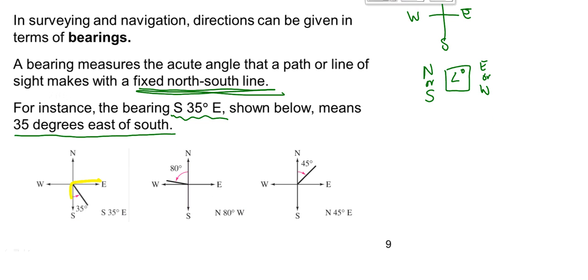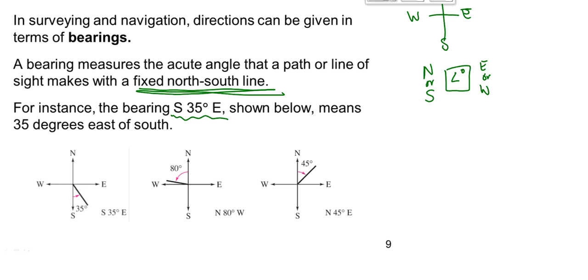If this is south first and then 35 degrees like that, that would be different than if you went east first and then 35 degrees, because it would be this far. The only time that's going to be right is if you're directly southeast or east south, which would be a 45-degree angle. So be cautious of all of that for bearing.